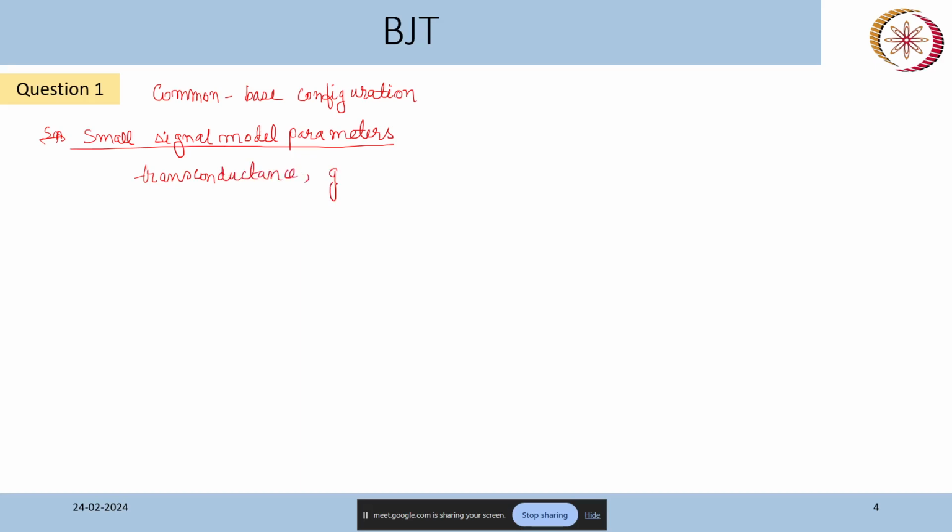First one is the transconductance, which is denoted by gm, and the expression for transconductance is delta IC, change in the collector current, divided by delta VBE. So that is the input voltage.